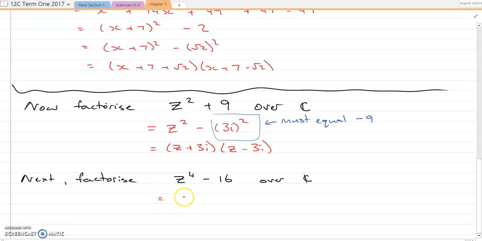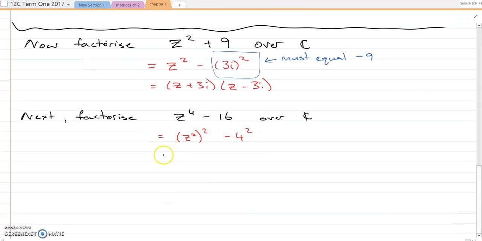Can we write z to the fourth as something squared? We can write it as z squared, squared. That is the same as z to the fourth. And of course, 16 is 4 squared. So it's a minus, so we don't have to worry about changing to an i or anything. So we get (z squared plus 4)(z squared minus 4).